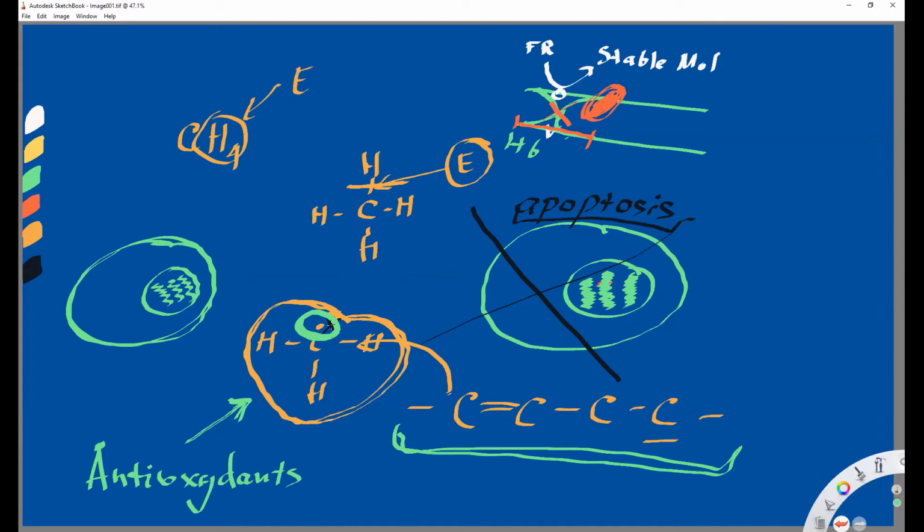So how about elements that already exist in our organisms and help us to function healthily? Why are they not free radicals?